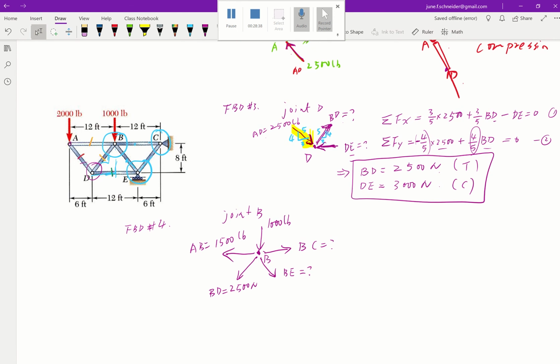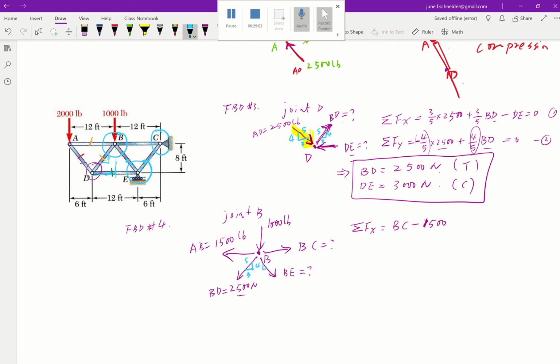And now how about we solve it then? Forces in the x direction. We'll have BC, positive, going to the right. AB, which is 1500, minus. Then we also have this 2500. Again, we're going to put our dimensions there. And I believe this is going to be 3, 4, 5.